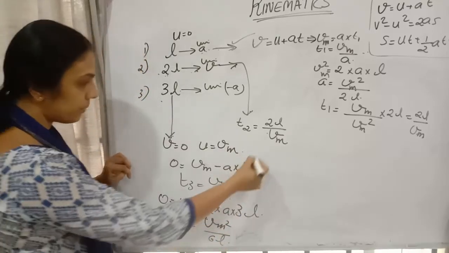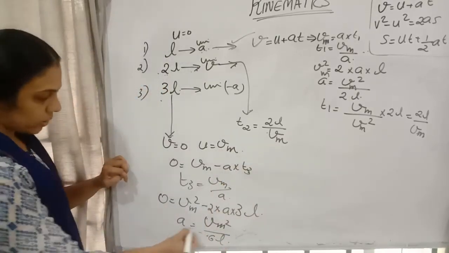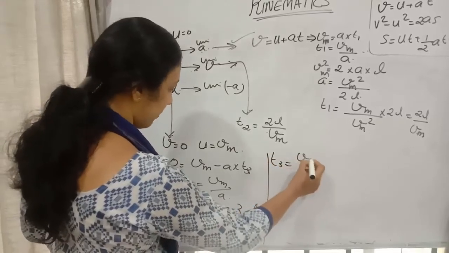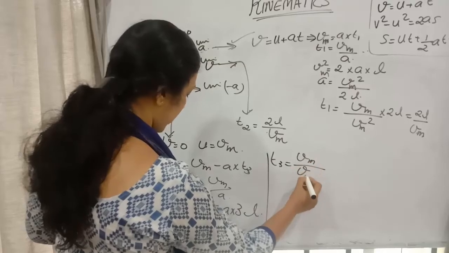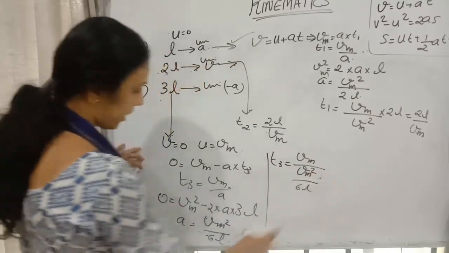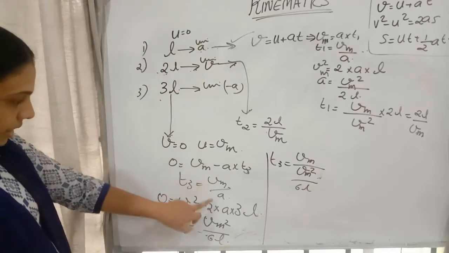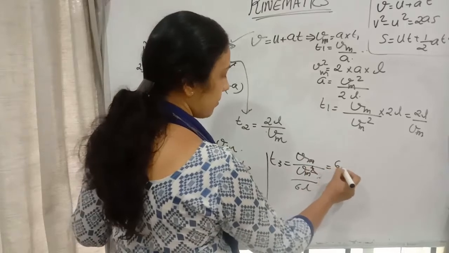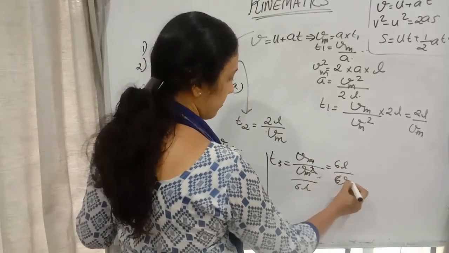So we got the value of A also, therefore how can we write T3? T3 equals Vm divided by Vm square by 6L. So this will get cancelled, and we get T3 as 6L by Vm.